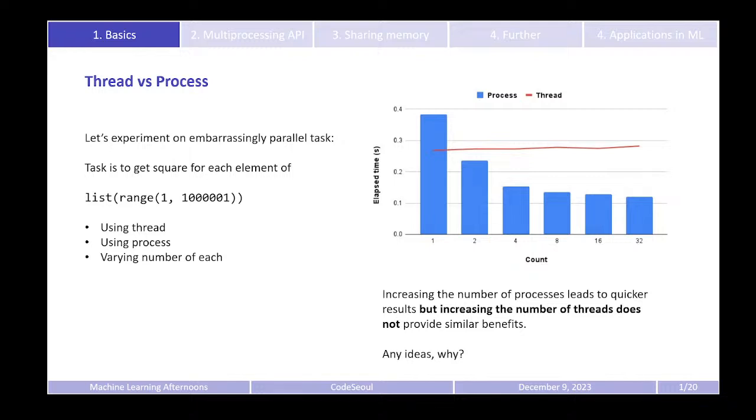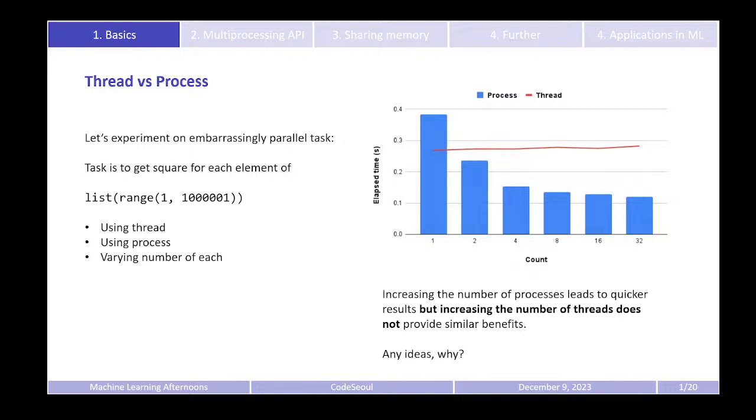We make simple code to get the square of numbers from 1 to 1 million, and scale the number of processes on one hand, and the number of threads on the other, and compare which one is better for us.